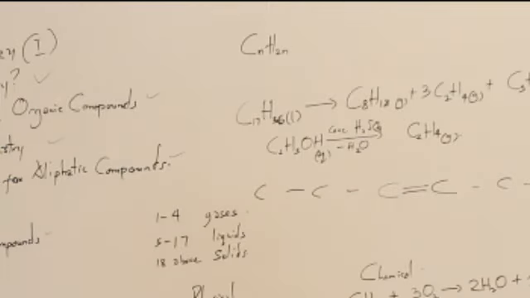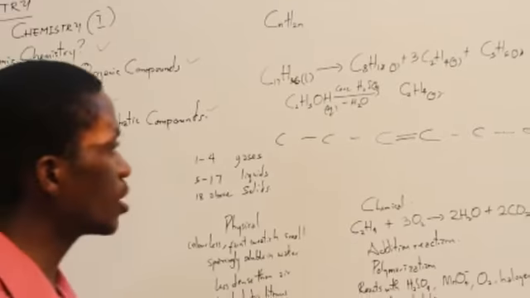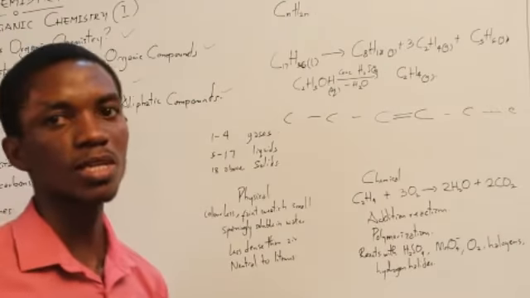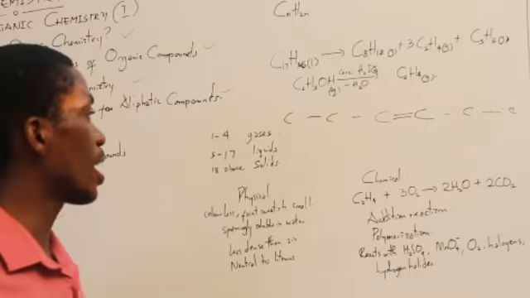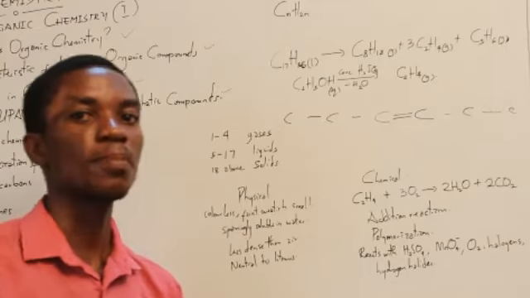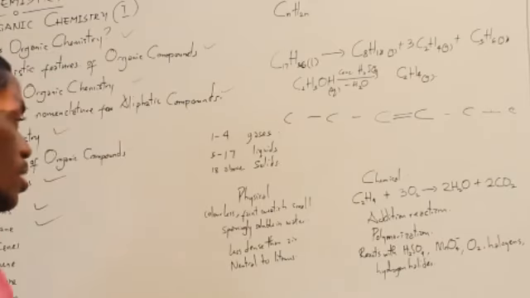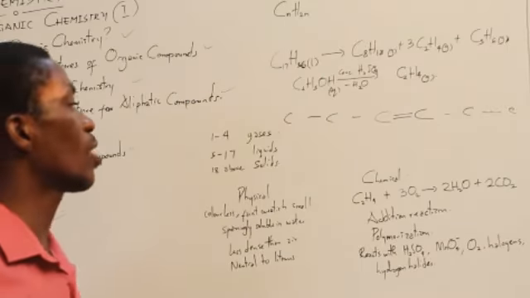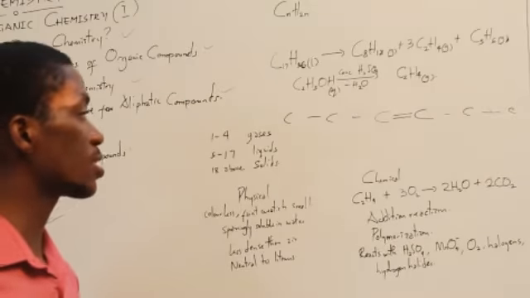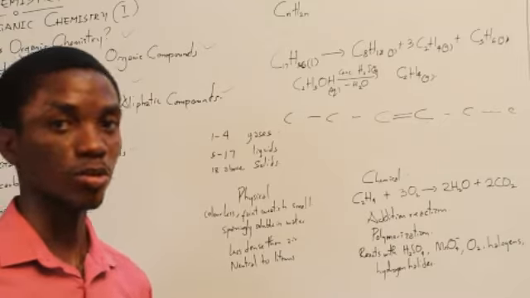That's how they form their own structure. Generally, alkenes, if you check them, you find out that the first 4 of them are gases. The next 13, that is from pentene to the 17th alkene, are liquids, while 18 and above are all solids. They exist in solid state naturally.